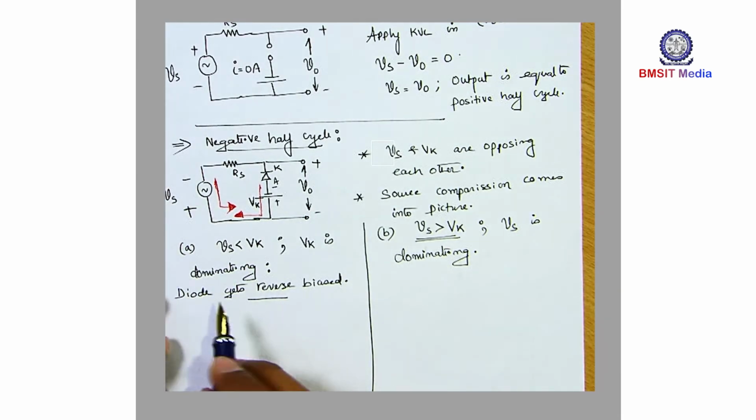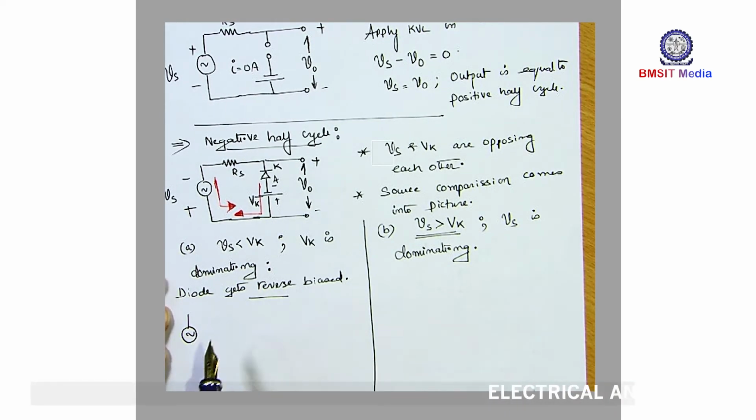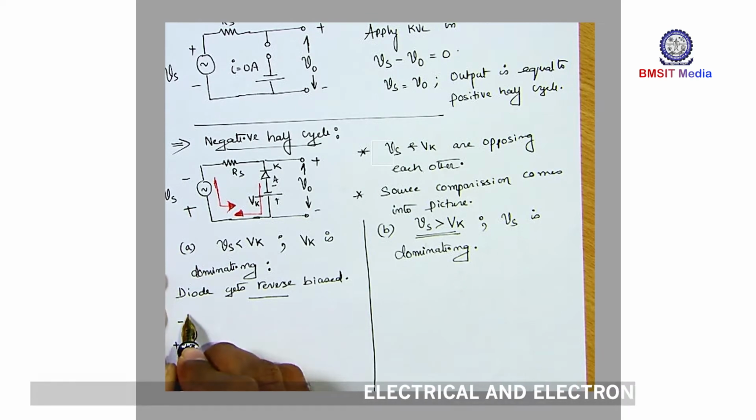So when Vk dominates, the diode gets reverse biased. For this case, let's draw the equivalent circuit. The diode is reverse biased, hence you have to open up the diode terminal.